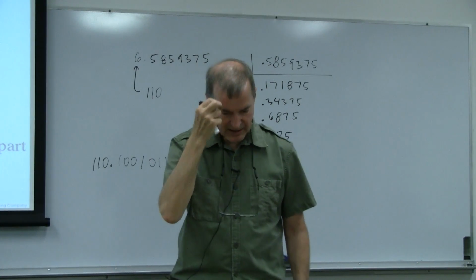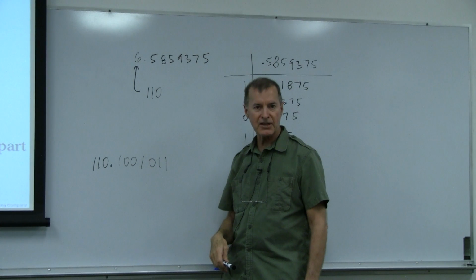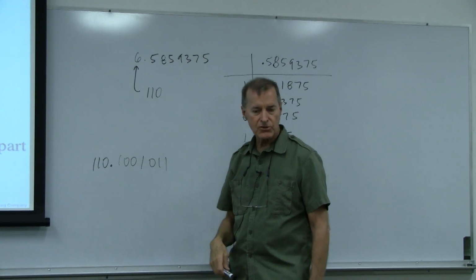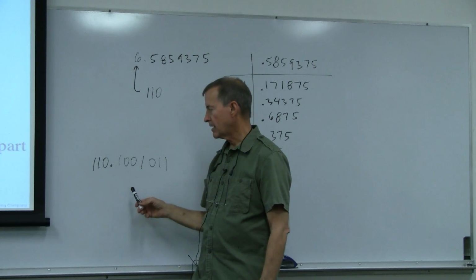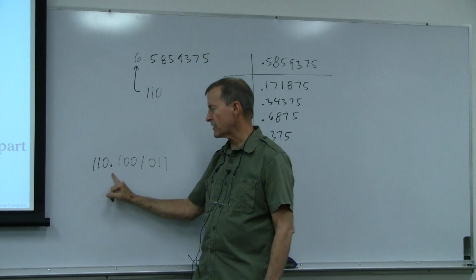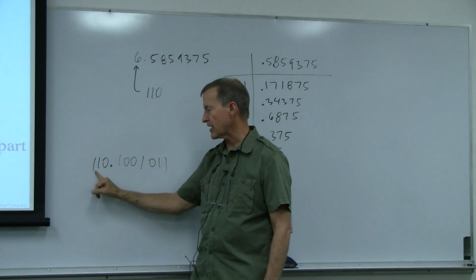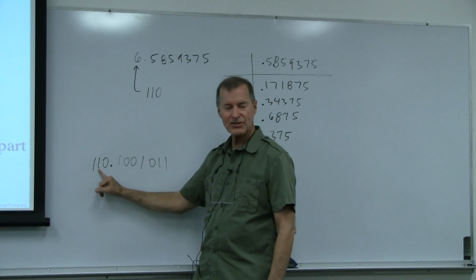Now, here's the thing. So we all know scientific notation, right? So how would this be written in scientific notation? Isn't there a convention that the decimal point always belongs after the first non-zero digit?